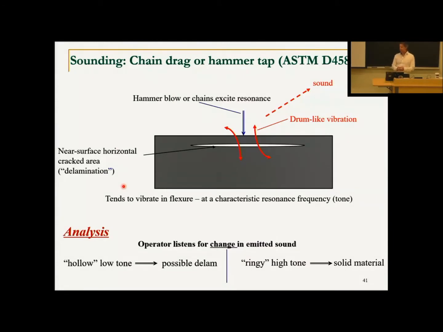Well, this kind of detection works when we have a defect which is near the surface, and a defect means a non-solid region within a solid region. So an air-filled void or a water-filled void or a large cracked area within a solid, and that crack is filled with air or water, for example.